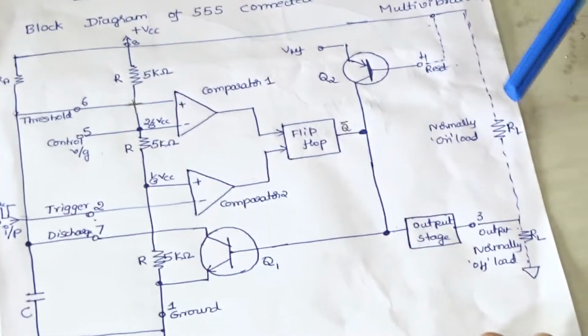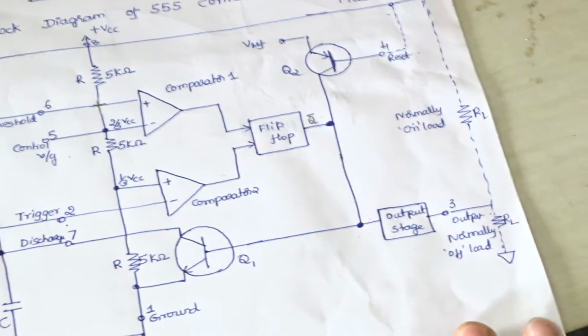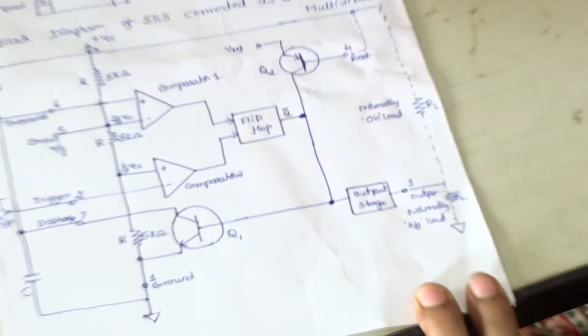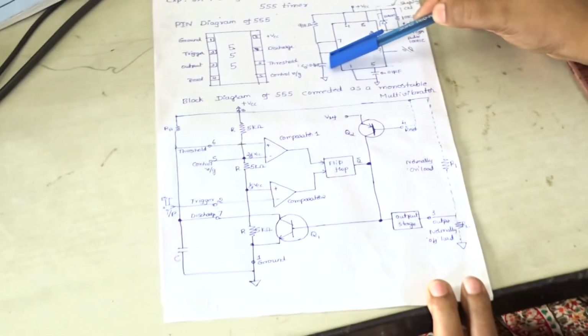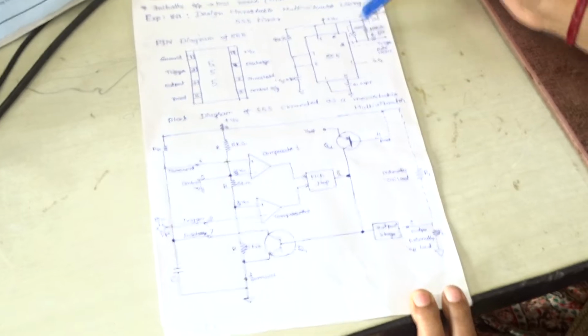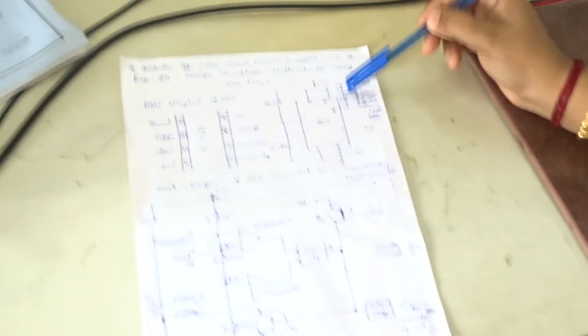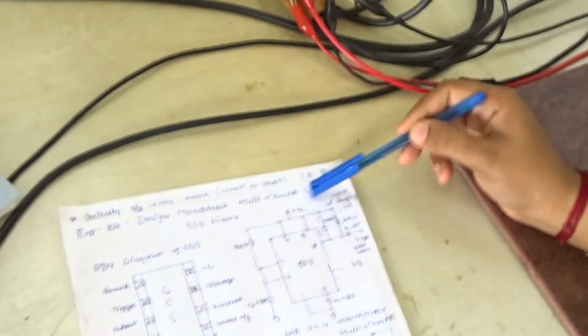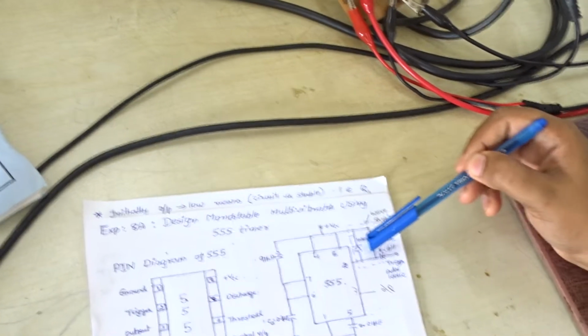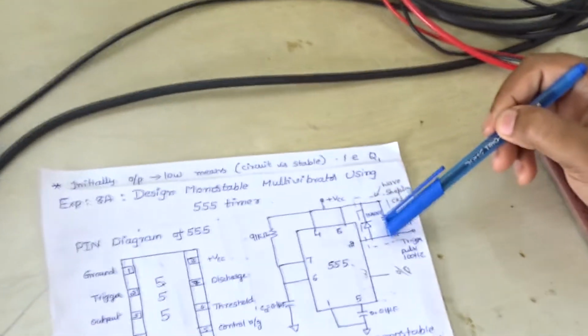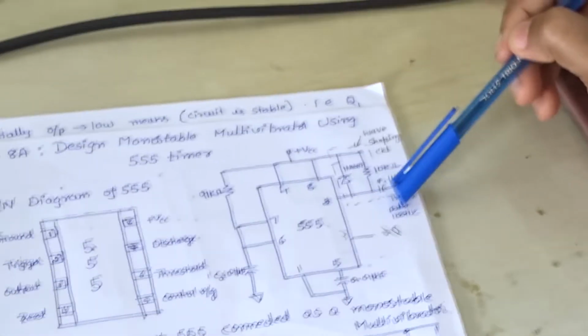Now let us see how it acts as a monostable. Apart from this 555 timer, it makes use of one resistor and one capacitor. Apart from that, it consists of one diode and a resistor, which act as a wave shaping circuit, in the sense, to avoid false triggering. Here we apply the triggering input to the second pin.